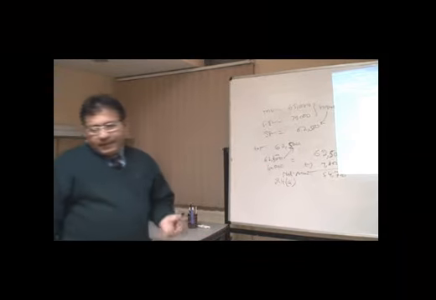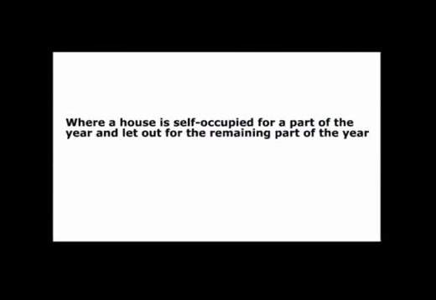Now the next possibility is that for part of the year, the property has been occupied as self-occupation, and for the balance of the year, it has been given on rent, or vice versa. If this is the situation, then the property shall be deemed as let out throughout the year. This is very, very important.